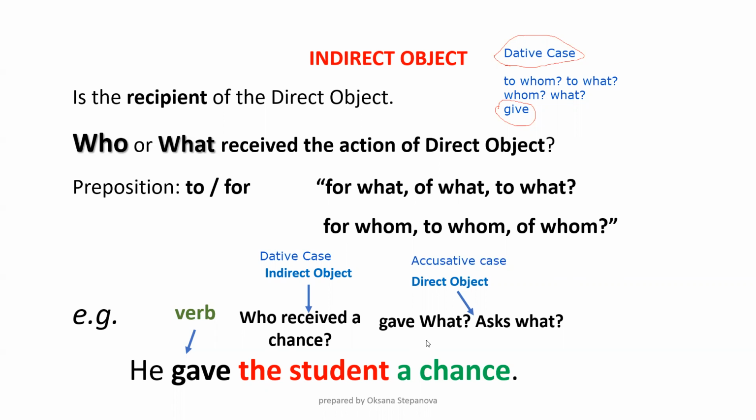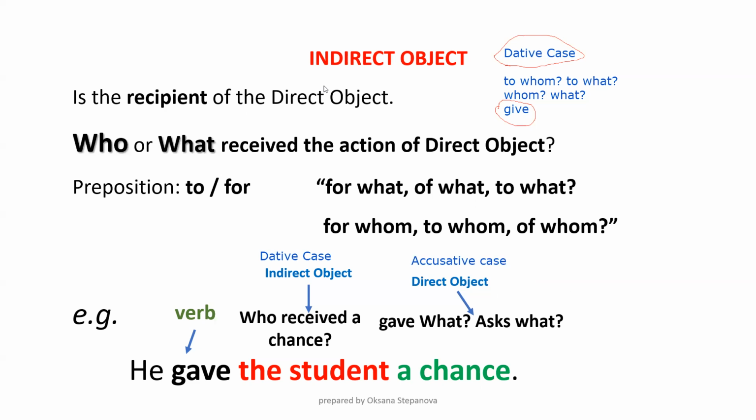And then what he received, this is your direct object. So the indirect object is the recipient of the direct object. Direct object is your accusative case. It simply tells you what or whom. Okay, I have another example for you with prepositions.